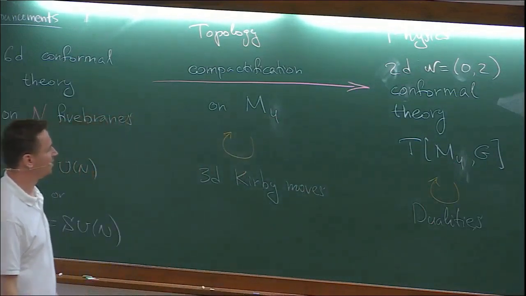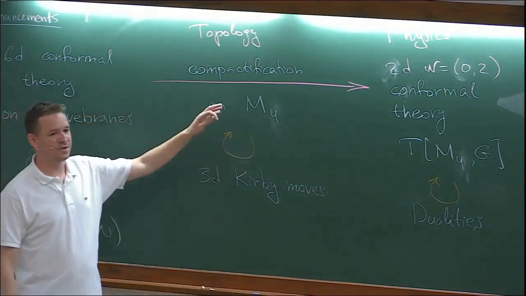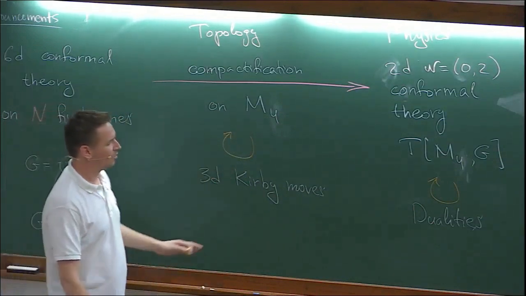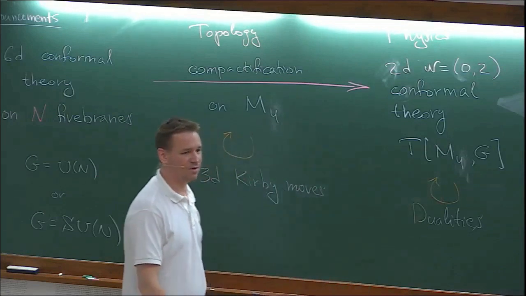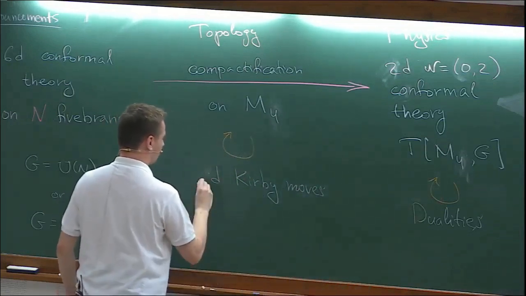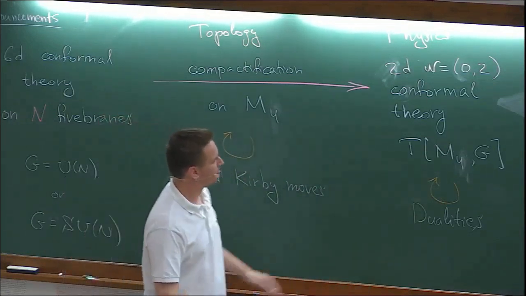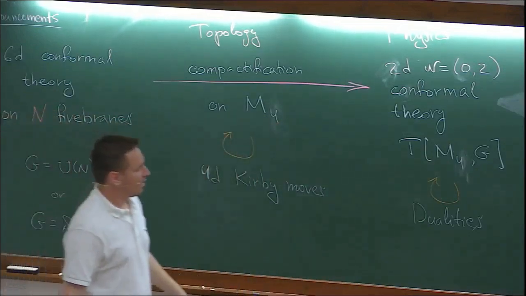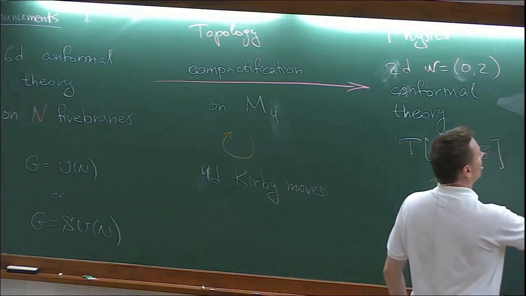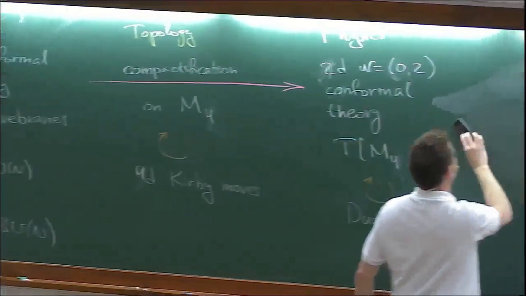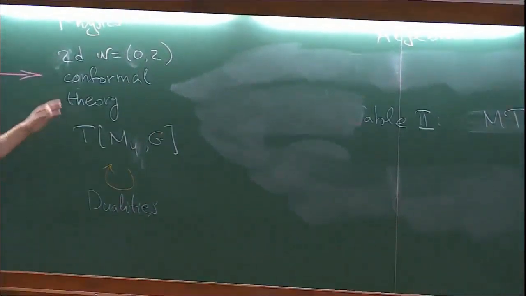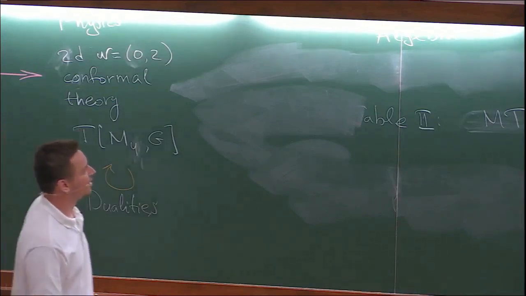That's a standard notation. And just as before, there are certain symmetries of cutting and gluing 4-manifolds that we're going to discuss that represent themselves as dualities of this theory, T[M4] or T[M4, G]. Now, just as before, you could imagine asking various questions in this framework associated to this theory.